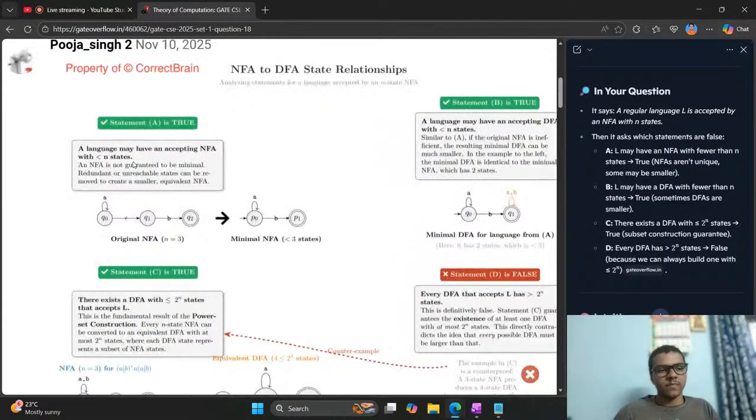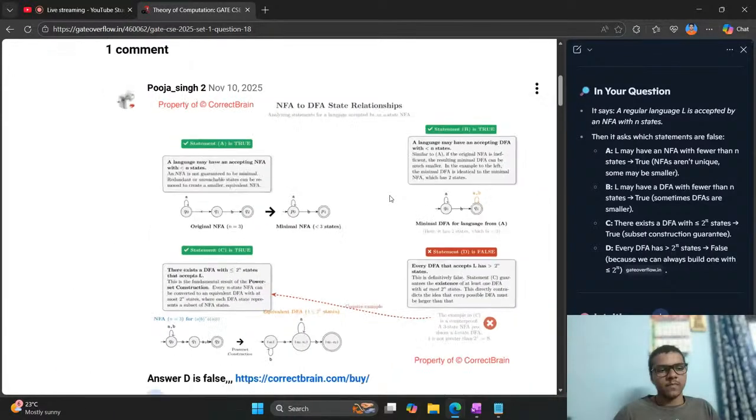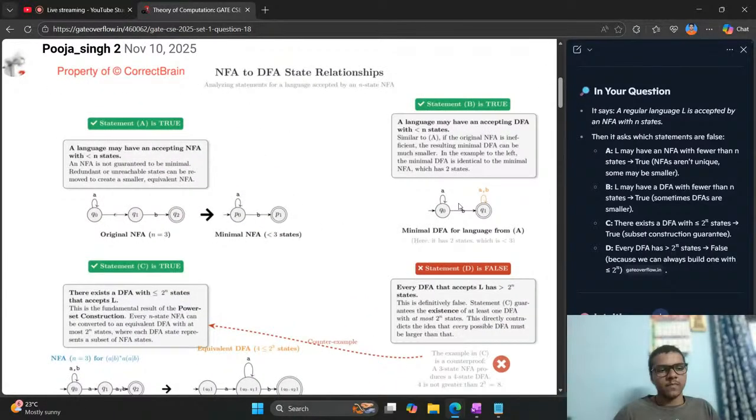Let's see. An NFA is not guaranteed to be minimal. Redundant or unreachable states can be removed to create smaller equivalent NFAs. A language may have an accepting DFA with fewer states than the original NFA if the original NFA is inefficient, and the resulting minimal DFA can be much smaller.